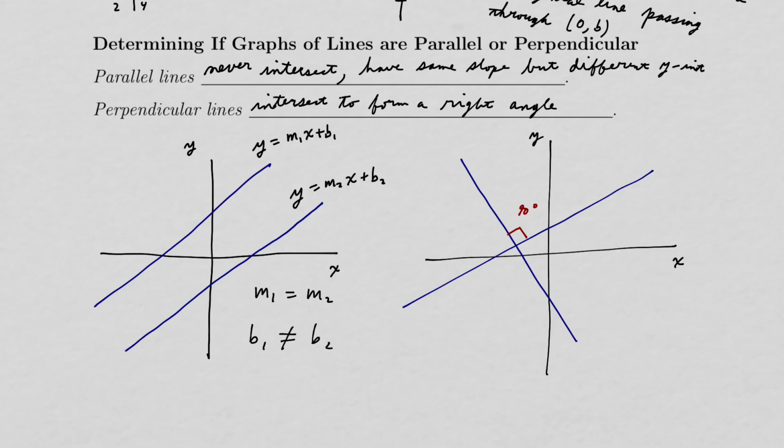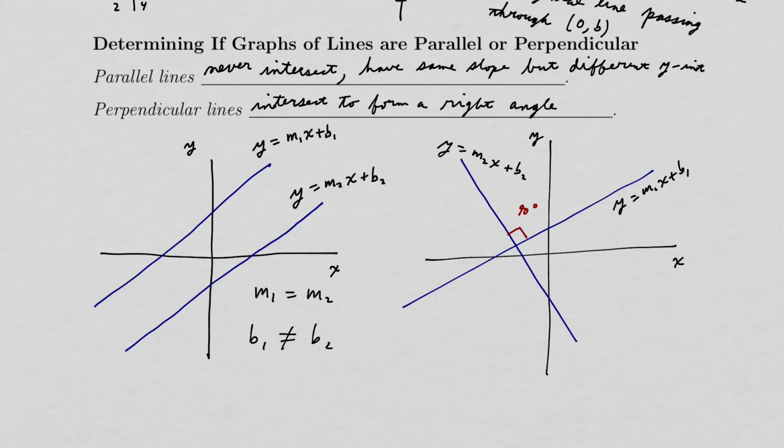So if one of them has the form, again, I'll write y equals m1x plus b1, and the other one has the form y equals m2x plus b2. How do I know if they're perpendicular?